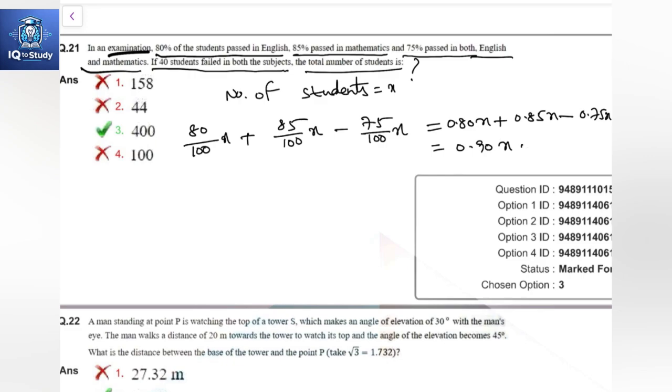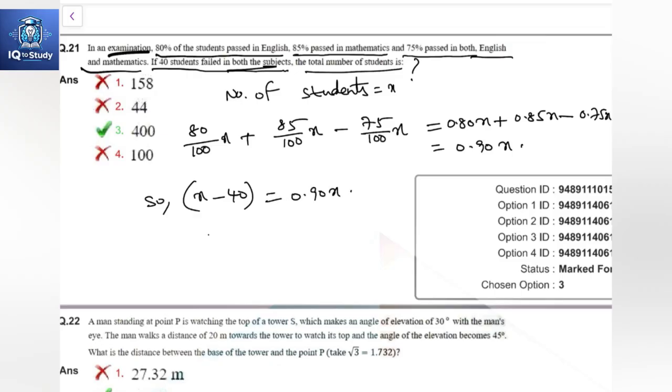And students passed in at least one subject can be equal to x minus 40, because 40 students failed in both the subjects. So x minus 40 is equal to 0.90x.